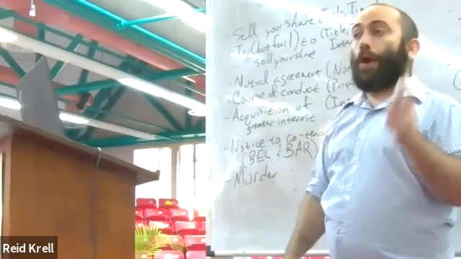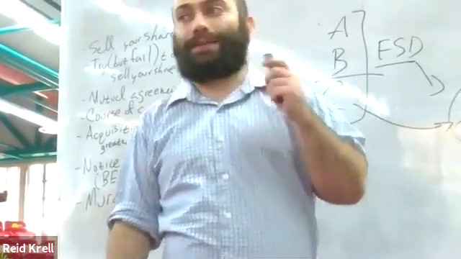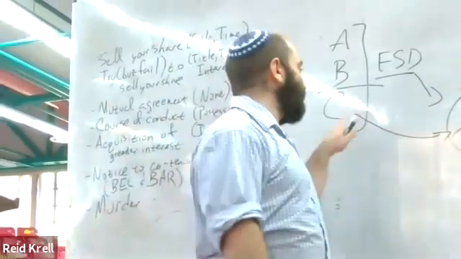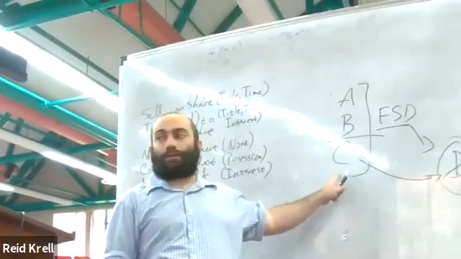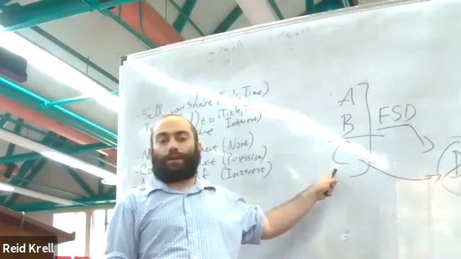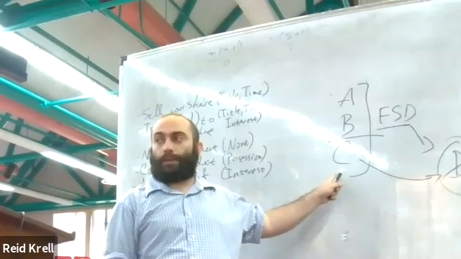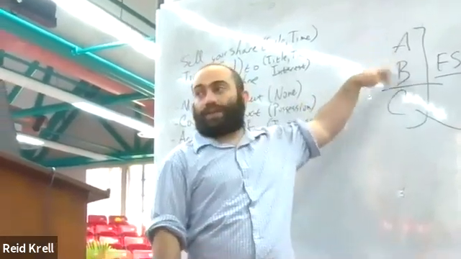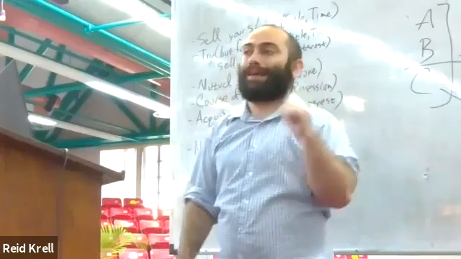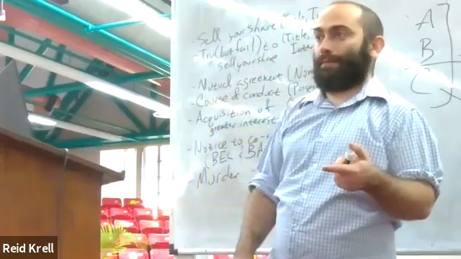The answer is no. The only thing that happens is that the co-tenant who breaks the joint tenancy now owns their share as a tenant in common. And the other co-tenants own the remaining share as joint tenants.